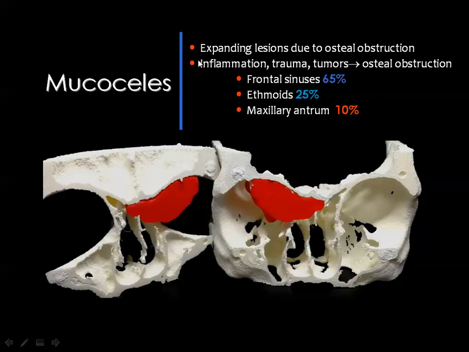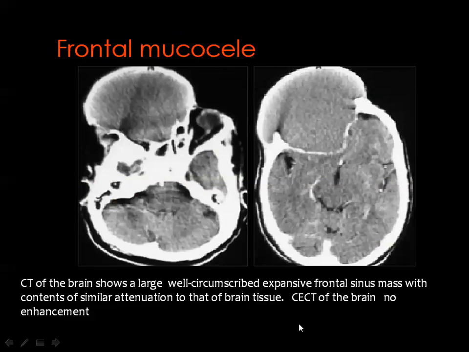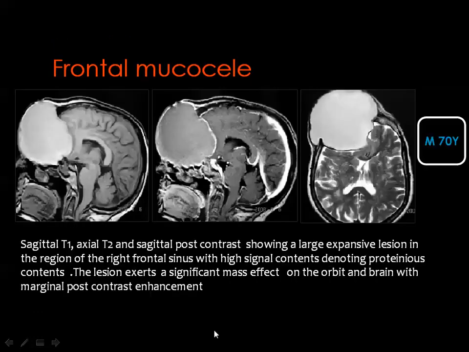Mucoceles are common in the frontal sinuses, less common in the ethmoids, and less common still in the maxillary antrum. This is a huge frontal mucocele by CT involving the frontal sinuses with marked expansion and thinning of the bony margins with significant encroachment on the cranial cavity as well as the orbit, of course.